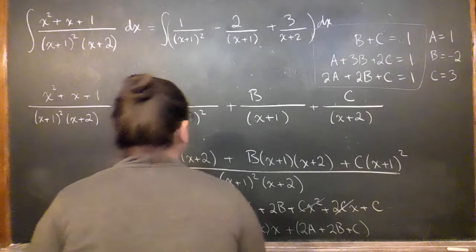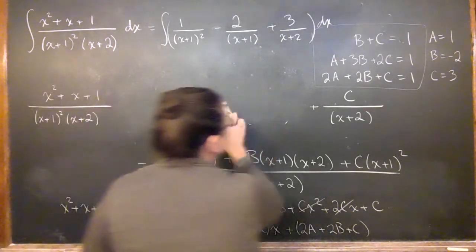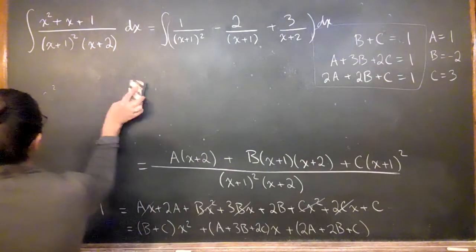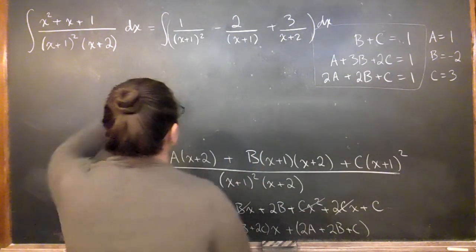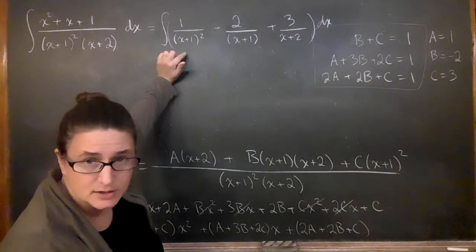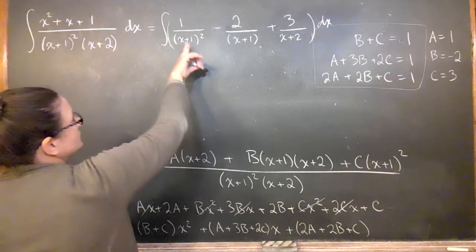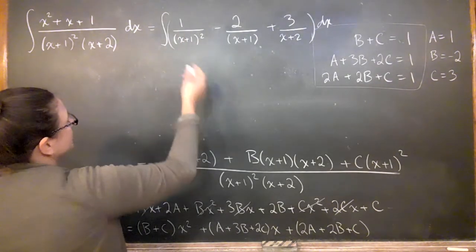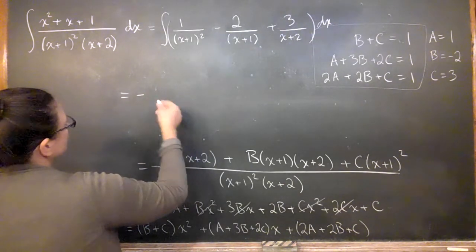Okay. So now I can go ahead and integrate those. All 3 easy integrals, but of course now I have this guy squared, so it's not a natural log anymore, because if I use substitution, I've got du over u squared, so in fact it will be minus u to the minus 1.